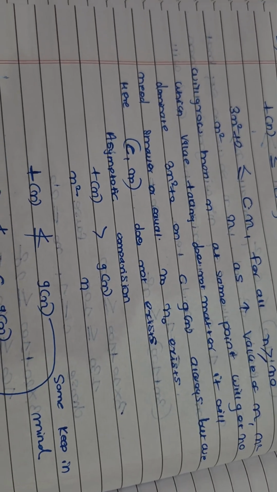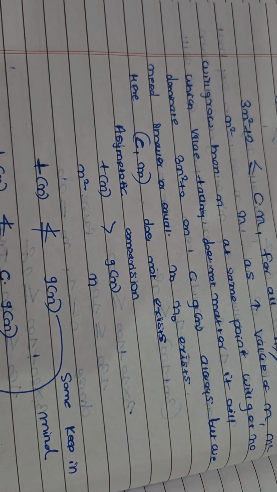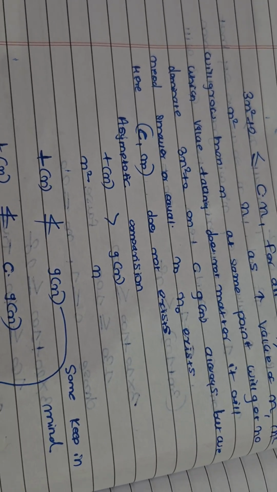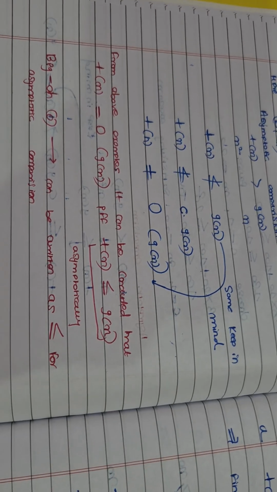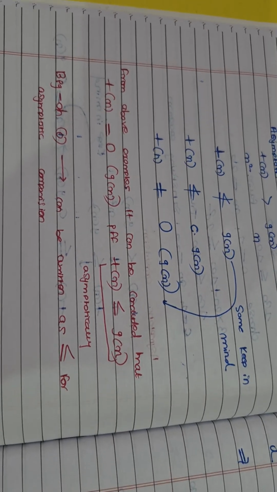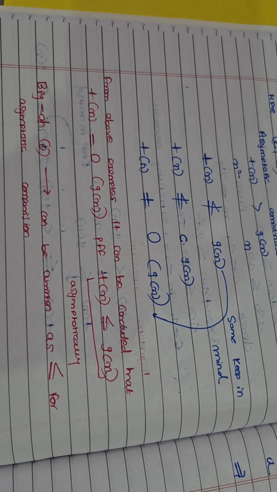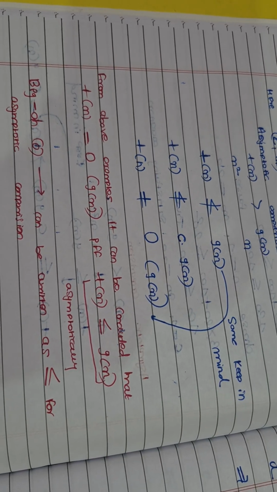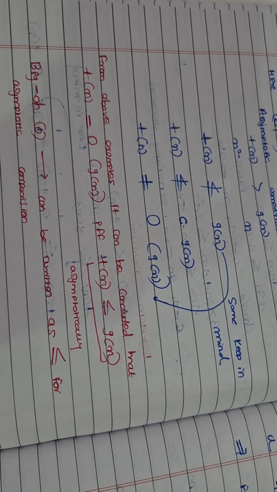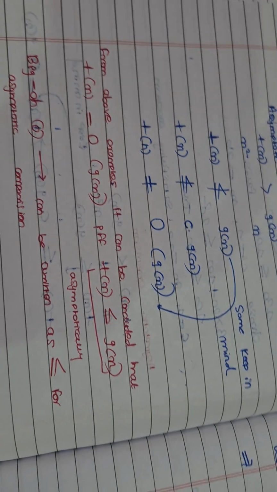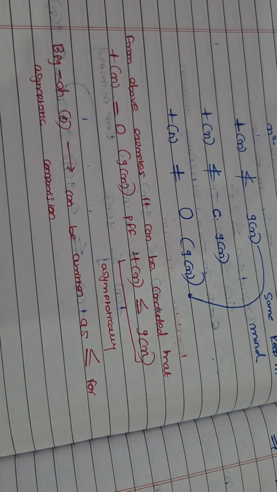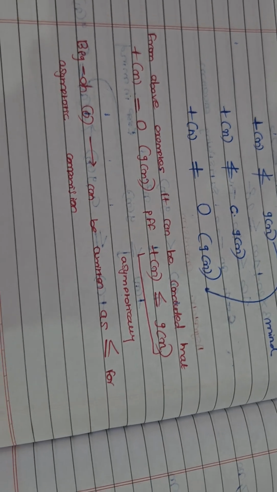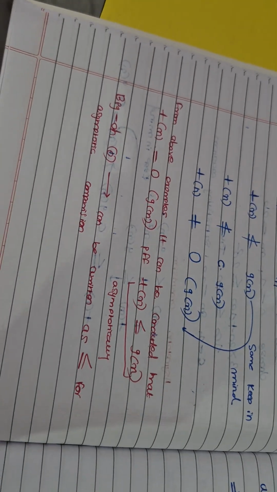And if T(n) is not less than g(n), then T(n) is not equal to O(g(n)) also. You can see the same thing. So that is the conclusion: T(n) is equal to O(g(n)) if and only if it is less than or equal to g(n). That's what we started with from the first example. So big O can be written as less than or equal to for asymptotic comparison.